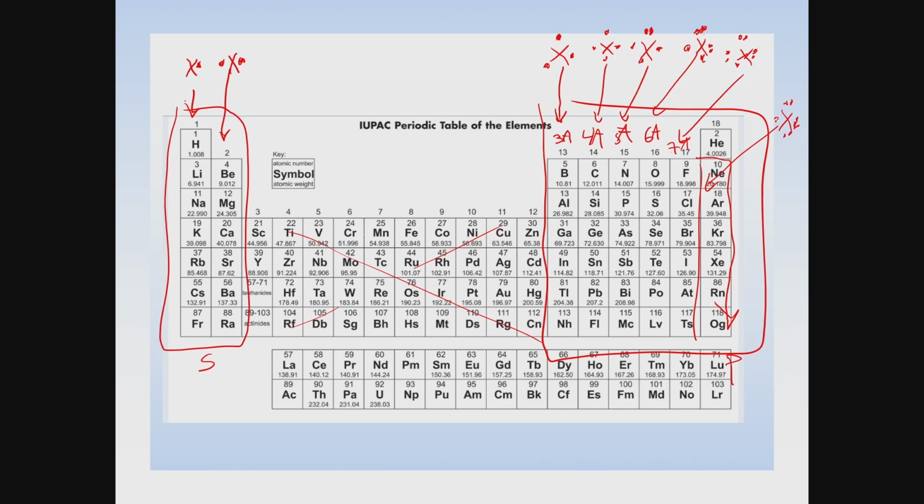But the thing you have to remember is helium is different. Helium is different because helium only has 2 electrons, so it cannot possibly have 8 valence electrons. So helium looks like this, and it has 2 dots like this. 1, 2.